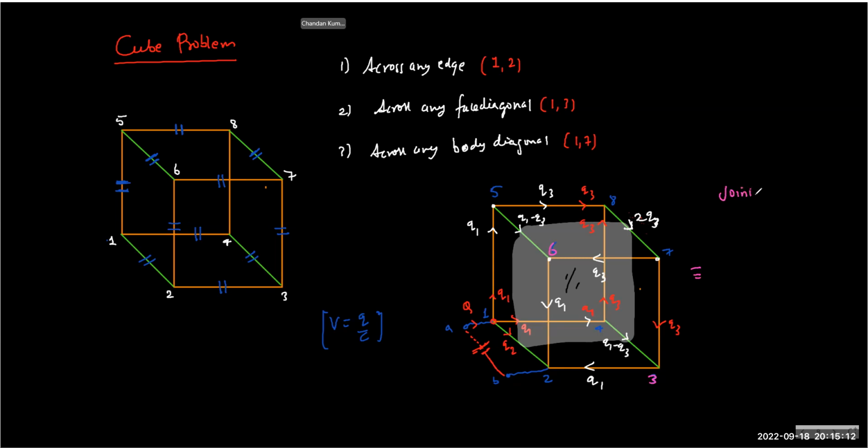joining the isopotential points, we can see something really interesting. It is again like a folding symmetry, like you're folding it. So 5 will attach to 4, and 6 will attach to 3.